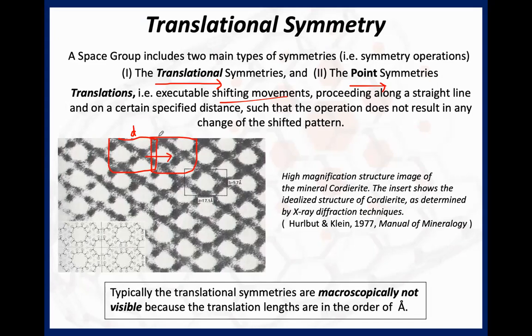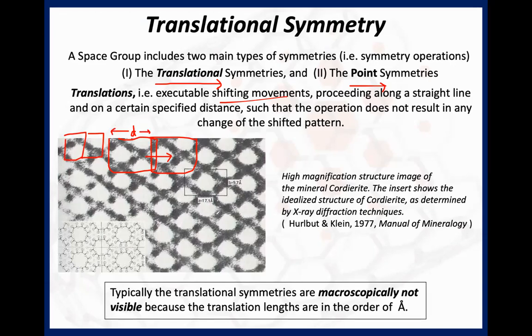For cubic or spherical types, any distance is okay, but for all crystals it is not like that. For example, if you want to translate this part from here to here, it won't make a symmetrical shape. It's different. So you have to take the real, correct distance to make it a translation.